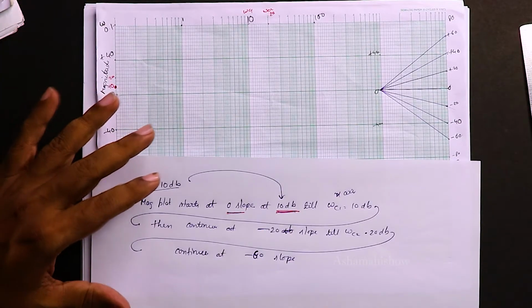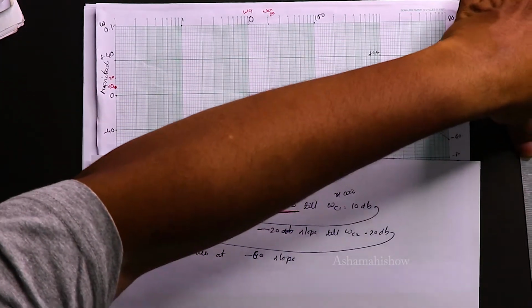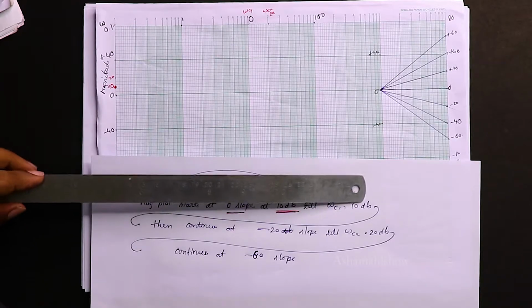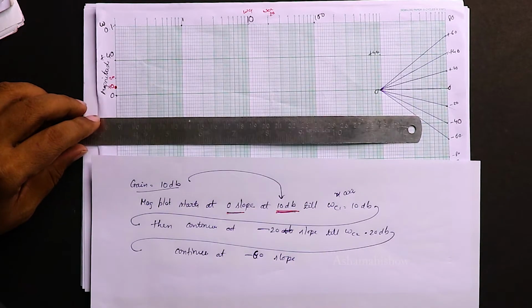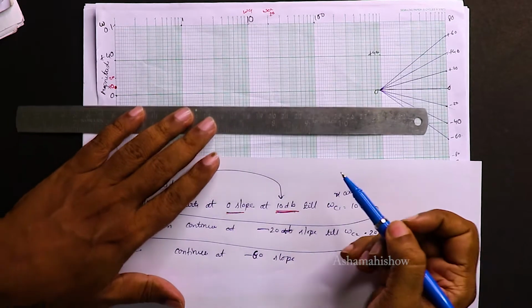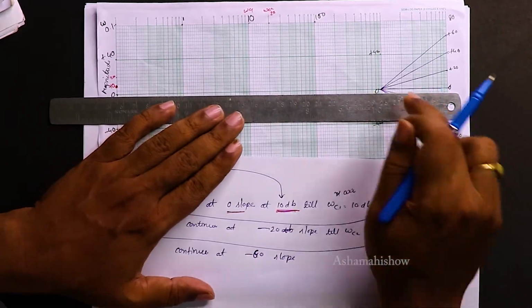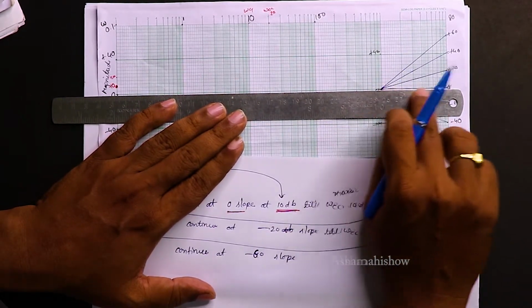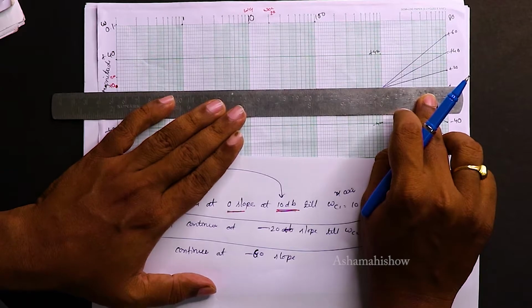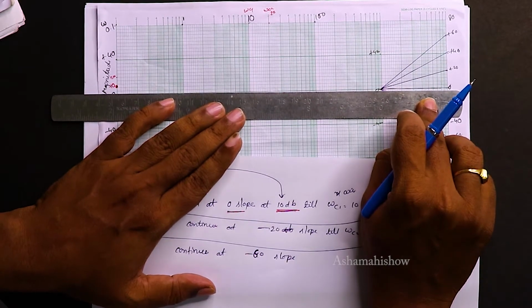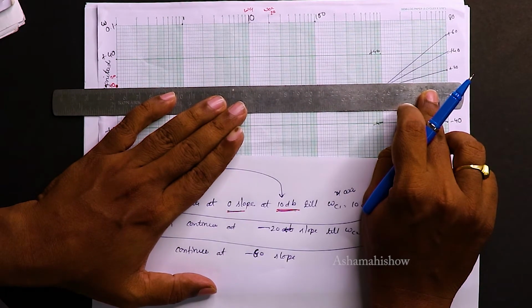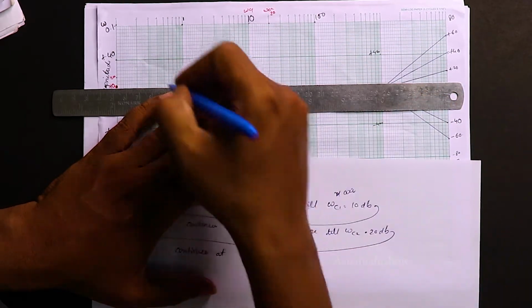Right? Now take a scale. I initially draw with a pencil. I'll make it with a pen for easy reference. So I'll take this as a reference, 0. Now I'll move this scale up to where I have 10. Yes, 10. This is 0 slope.